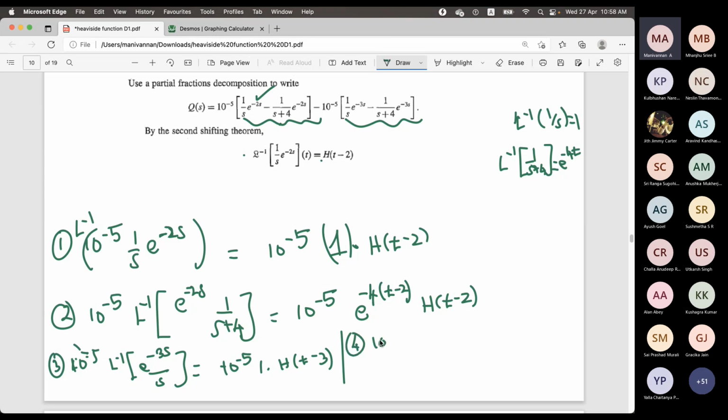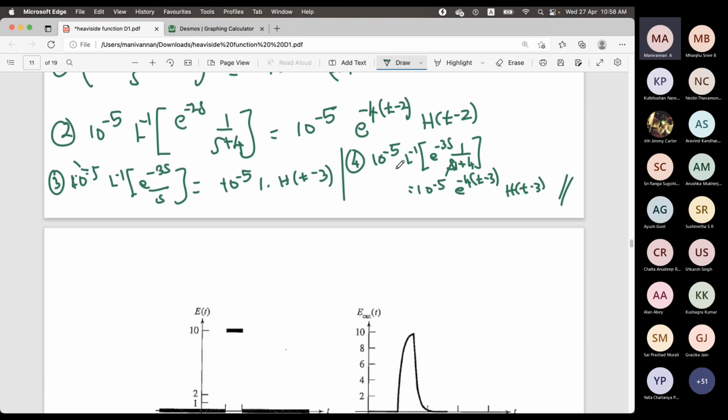The fourth one, 10 to the power minus 5 L inverse of e raised to the power minus 3s times 1 divided by s plus 4, which is 10 to the power minus 5, e raised to the power minus 3s means h of t minus 3, and it is e raised to the power minus 4t, so t will be replaced by t minus 3. So that's the resultant we are having.